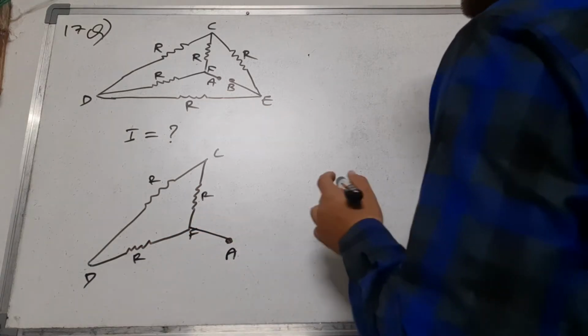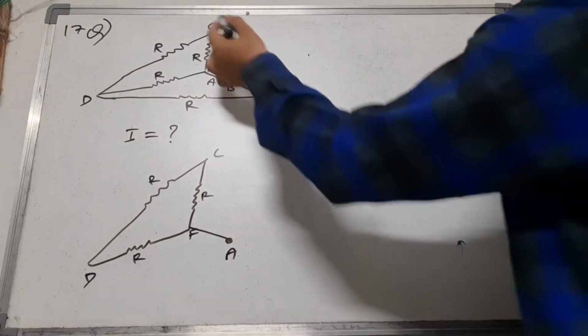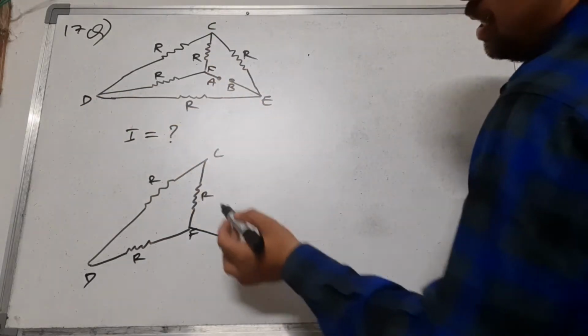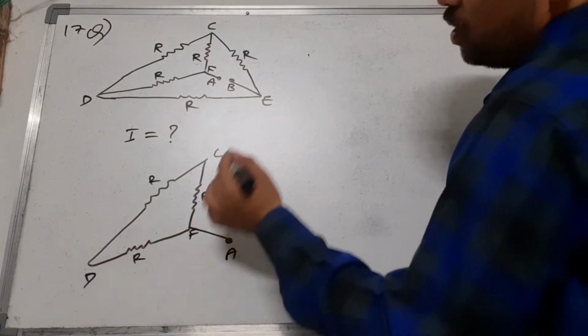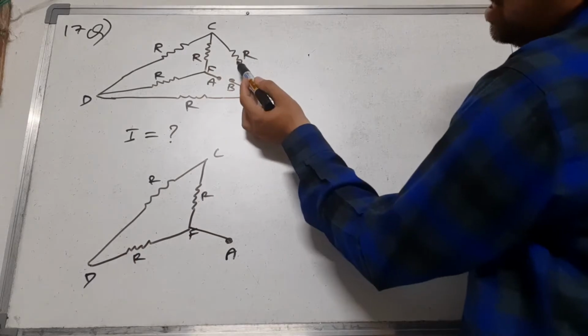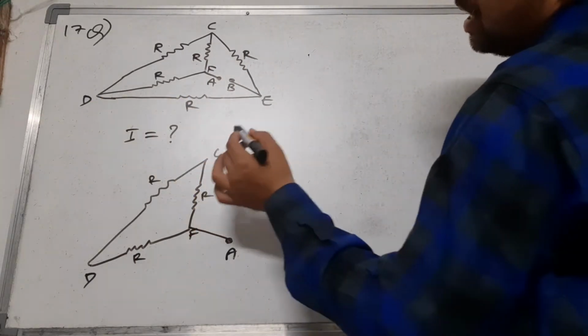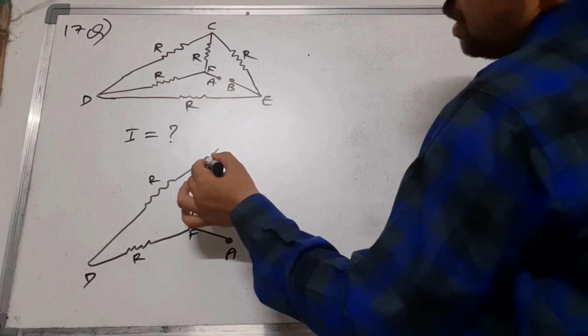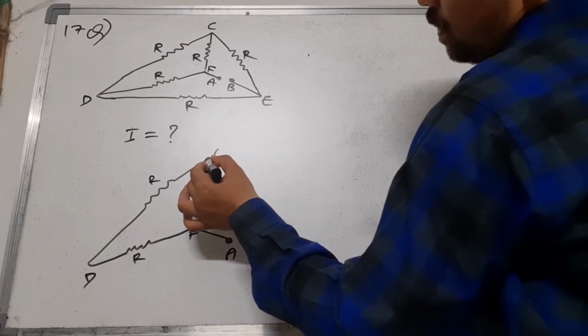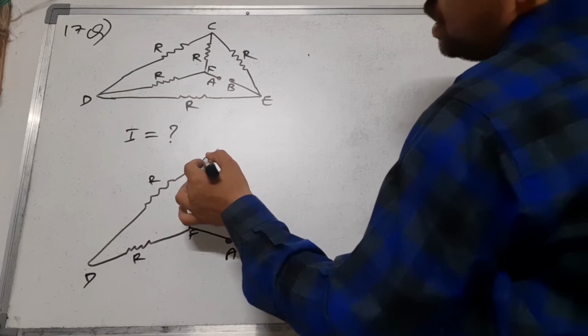Again I am taking this different part, C, E, D part I am taking. Now C, F, D I have drawn. Another part, what is there? C, E, D is there. C is connected where? Here. Instead of going this side, I am going this side, right?